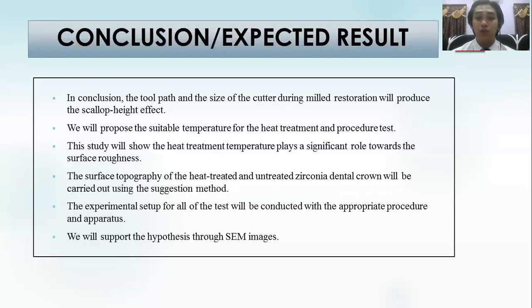This study will show that the heat treatment temperature plays a significant role towards the surface roughness and prove that heat treatment could improve the surface roughness of dental restorations. Upon completion of the study, the surface topography of the heat-treated and untreated dental restorations will be examined using the suggested method. At the end of the study, the hypothesis will be supported through the SEM machine as our result. So that's all from me.